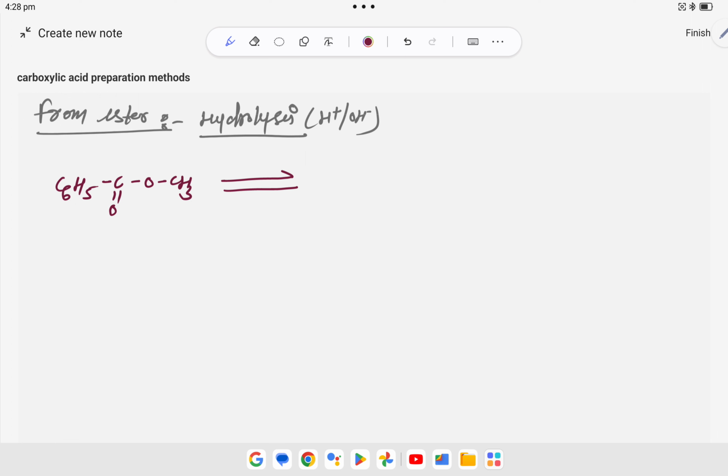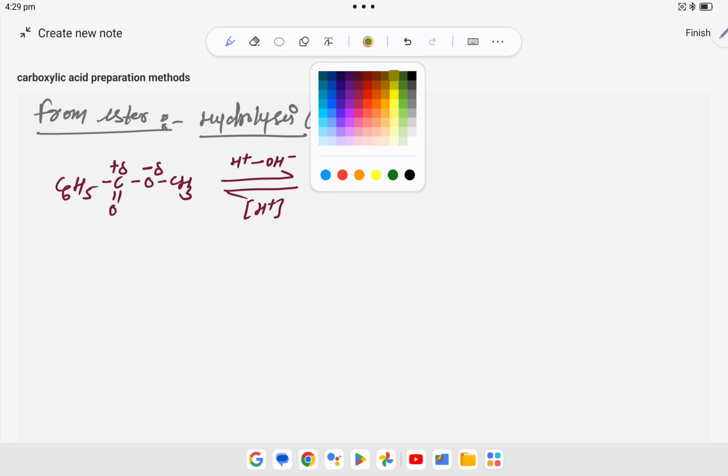Reversible process. H plus and OH minus, hydrolysis in acidic medium we are doing. Then what happened? This is your negative and this is your positive. Simple, attach it.